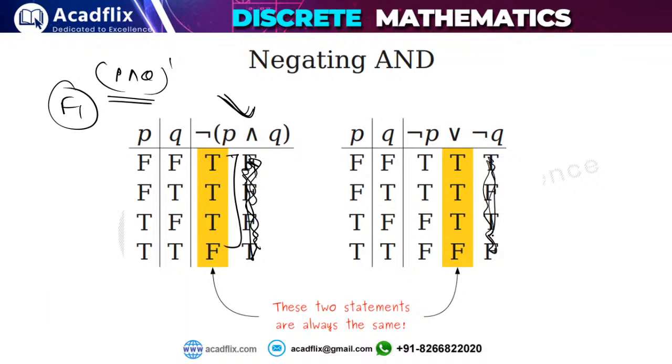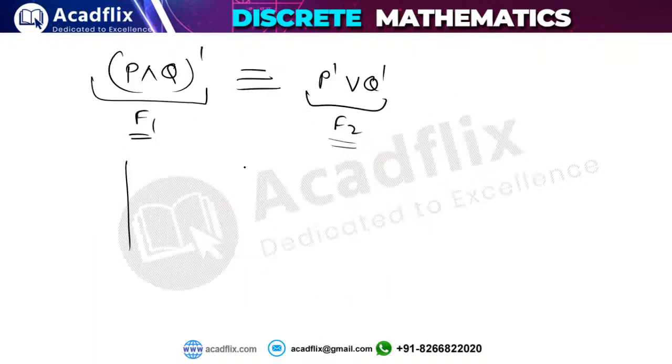Similarly, for formula F2, you get this yellow truth table. Just focus on the yellow: true, true, true, false, and true, true, true, false. These are the same, so we say these two things are equivalent.